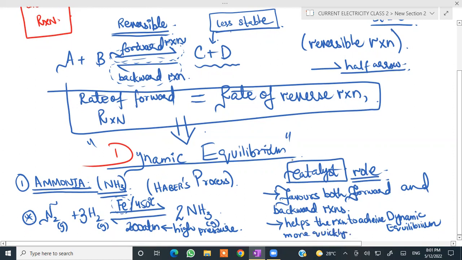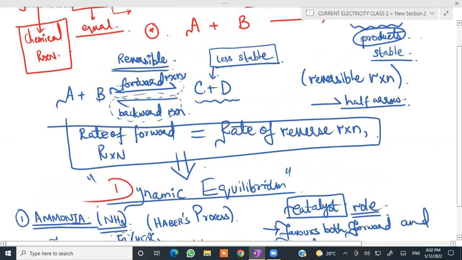And it does not shift the position of equilibrium. I'll explain what I mean by that.